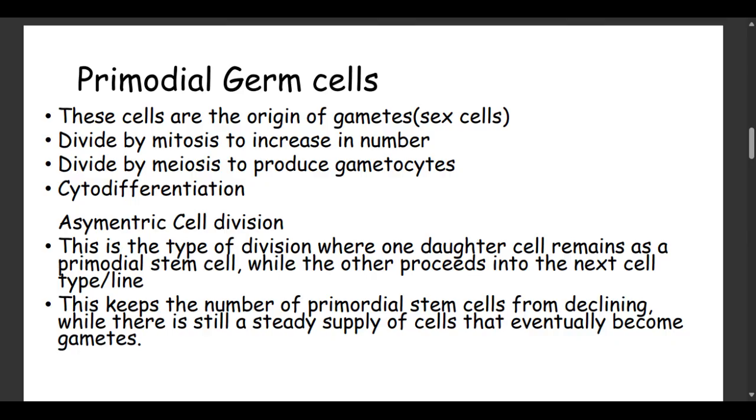These divide by mitosis to increase in number, and then they divide by meiosis to produce the gametocytes. As they are differentiating, there is what is known as cytodifferentiation.